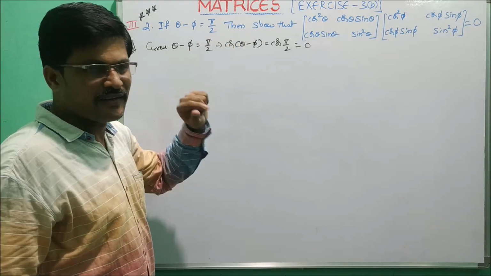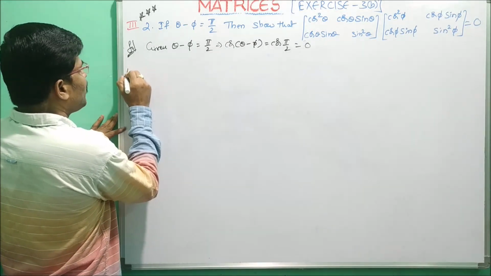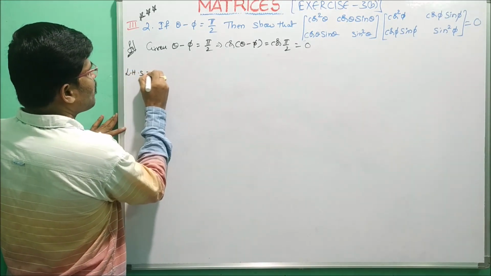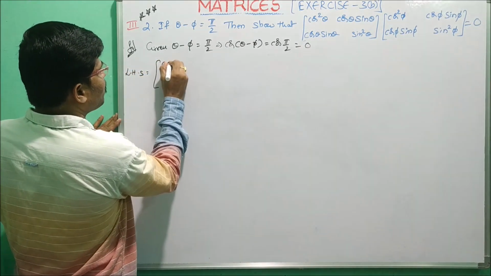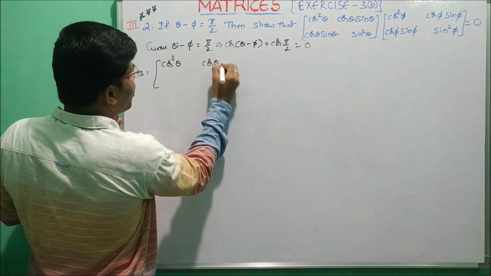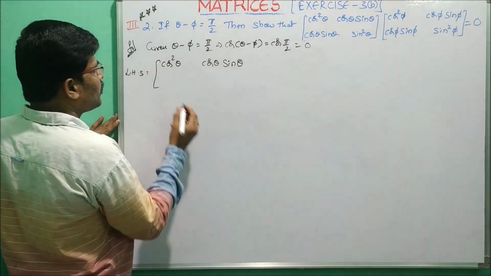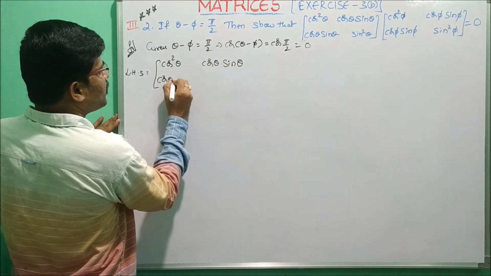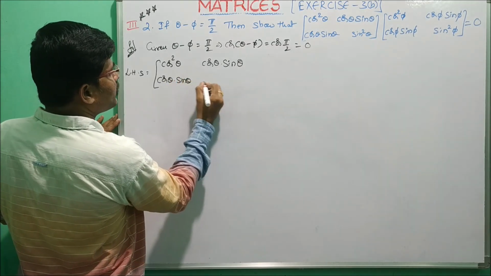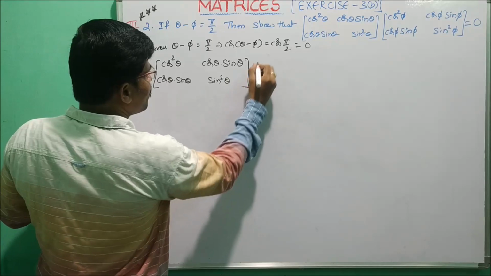So cos 90 degrees is 0. Now we take the matrices, that is LHS equals: the first matrix is cos square theta, cos theta into sin theta, cos theta into sin theta, sin square theta. This is the first matrix.